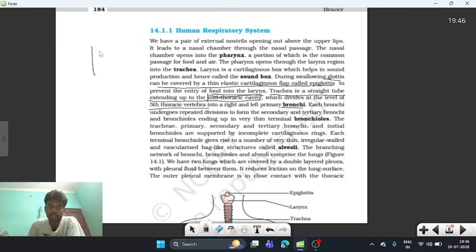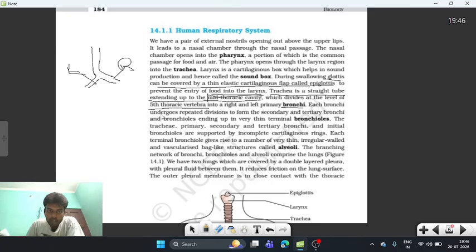The trachea comes like this and then divides like this. This is the right and this is the left.